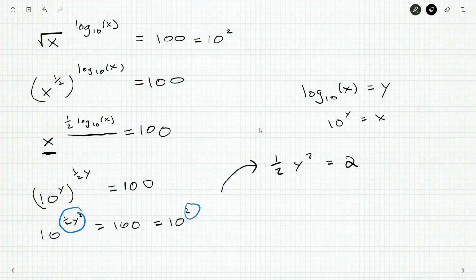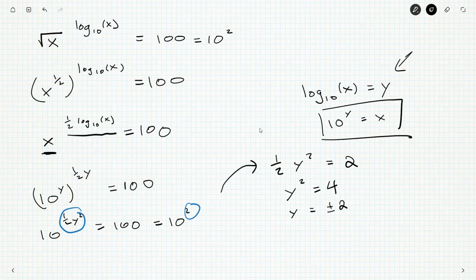Now we want x, not y, but we could probably try and find values for y and then get x. So multiply by 2, we get y squared is 4. So y is going to be plus or minus 2. And then just based on our definition here, 10 to the y is equal to x, which is just a rearrangement of this statement.